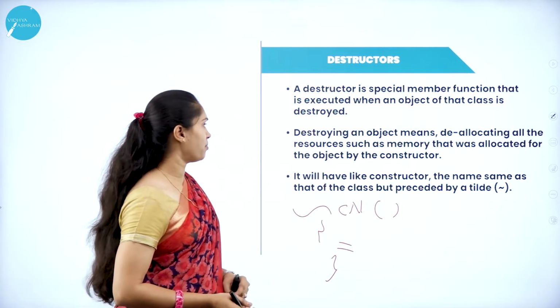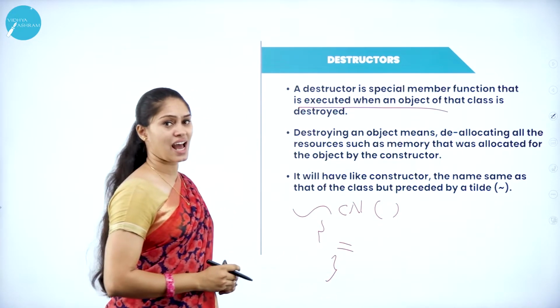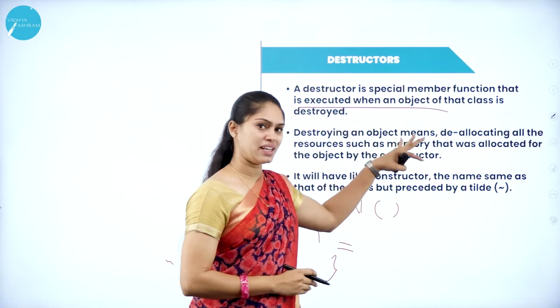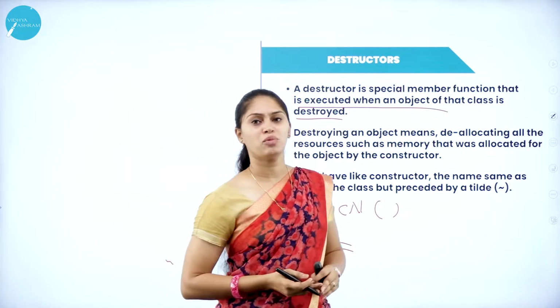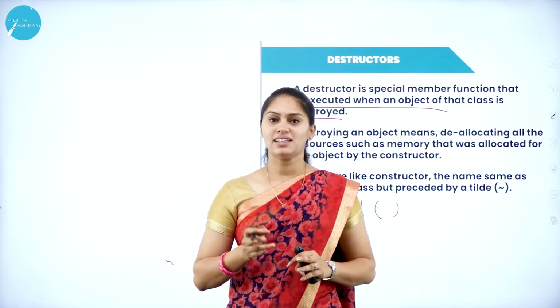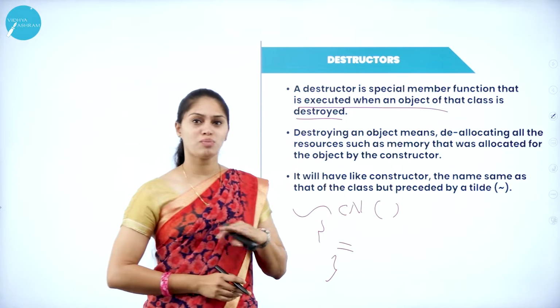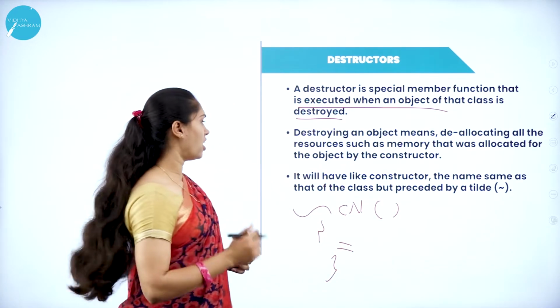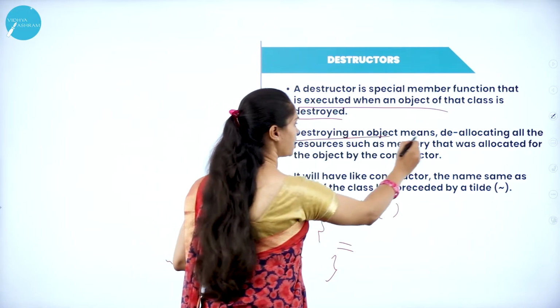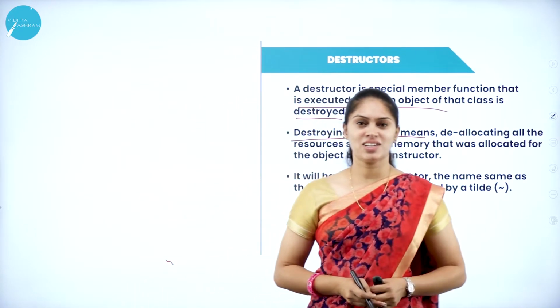It is a special member function. When will it be executed? When the object of a particular class is destroyed, or when I'm going to deallocate the memory space of an object, at that time this destructor will be called. When the usage of the object gets over, the destructor will be called. And what does destroying an object mean? Am I demolishing anything?